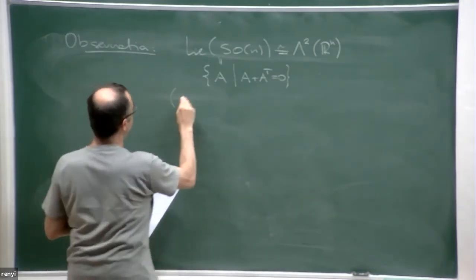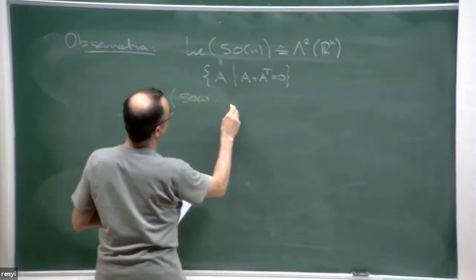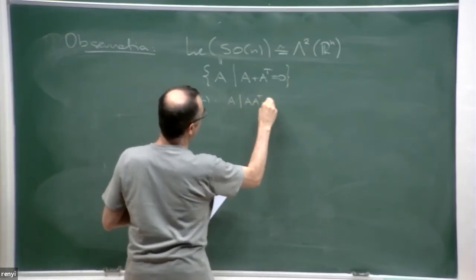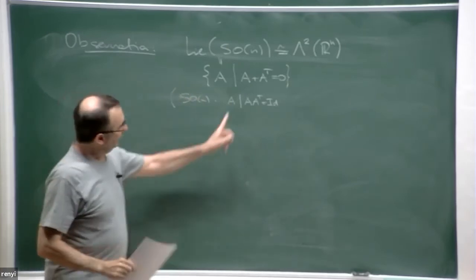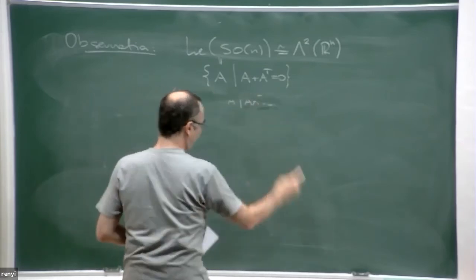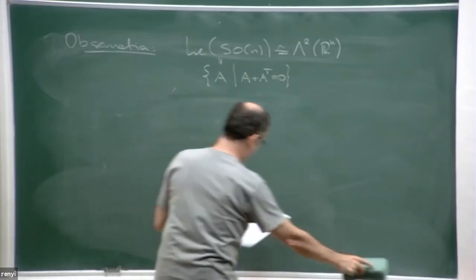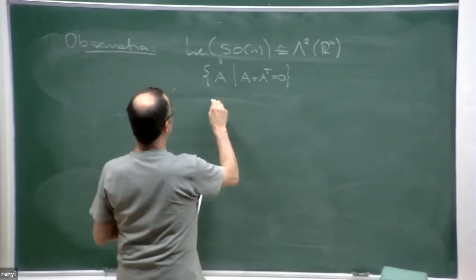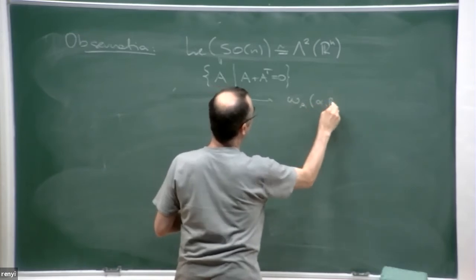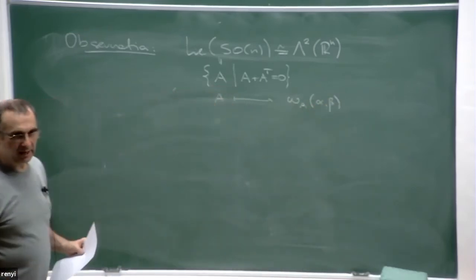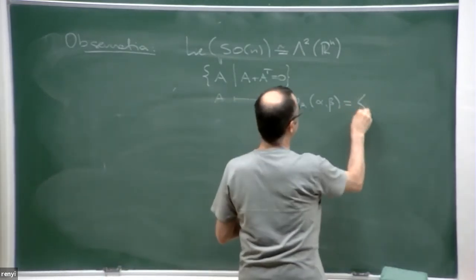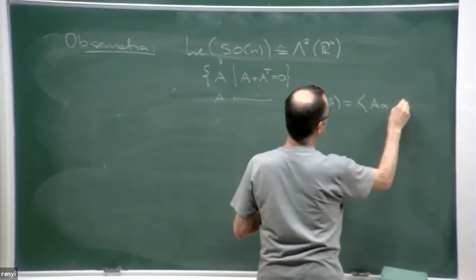You have to remember that SO(n) is just those matrices which satisfy A transpose A equals the identity. And if you differentiate that property, then you will get exactly this. So that's my Lie algebra. And so I do the following. For such an A, I define a two form omega of A on alpha and beta, where the definition of this guy is just the scalar product of A alpha with beta.